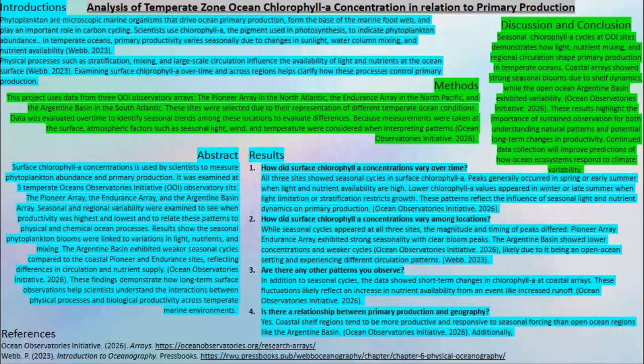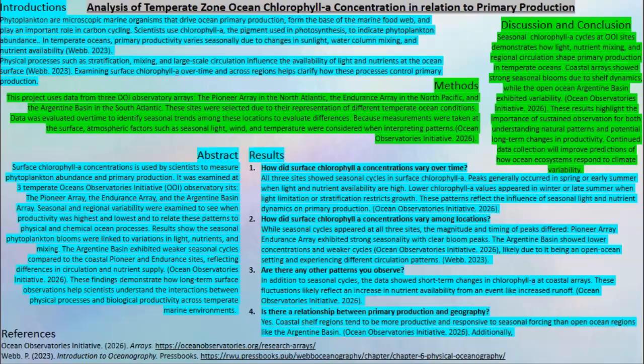In contrast, the Argentine Basin showed lower concentrations and weaker seasonal cycles. As an open ocean region, it experiences limited nutrient supply to surface waters and different circulation patterns. These differences highlight the importance of geographic setting in controlling primary production.